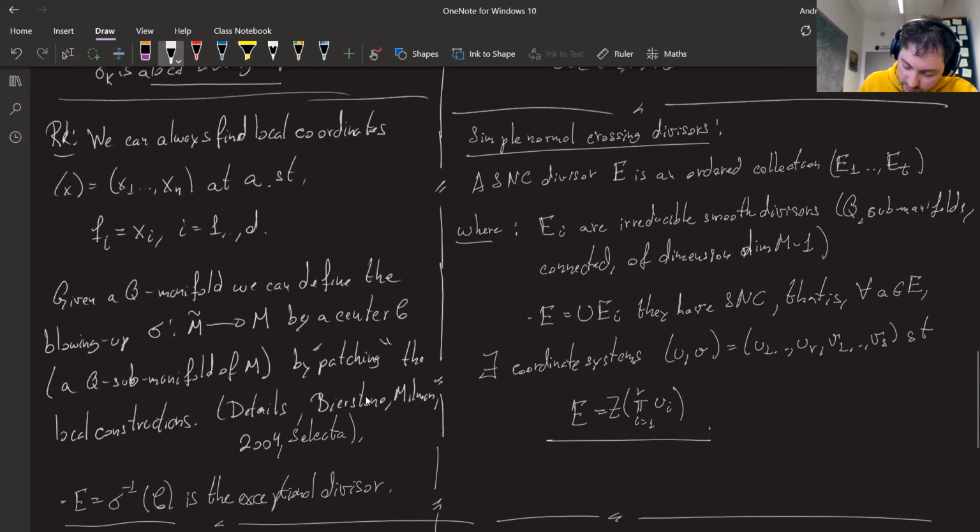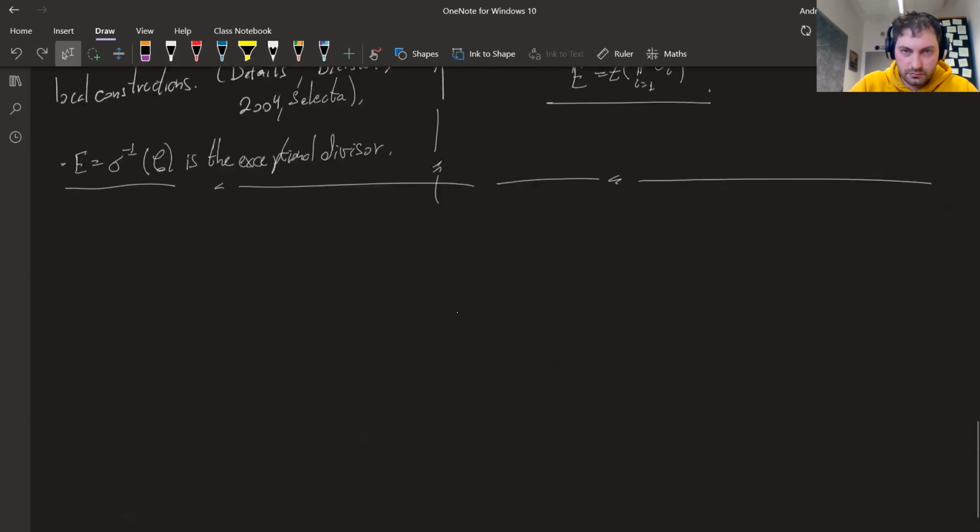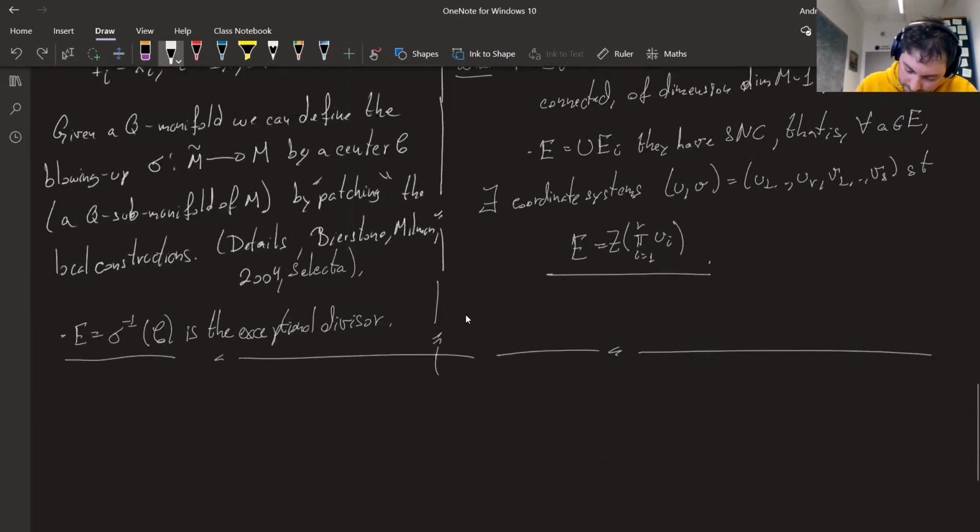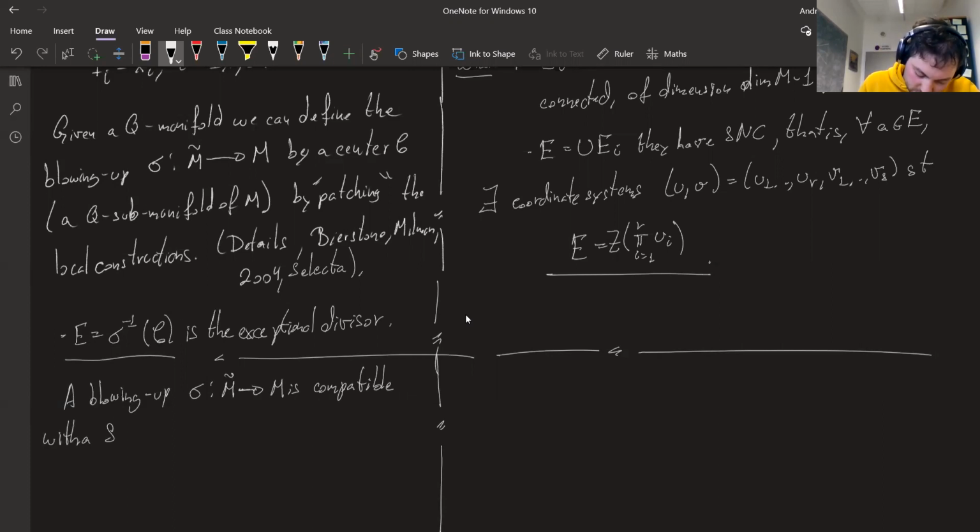So a blowing up is compatible with a simple normal crossing divisor if the center union with E has normal crossings.